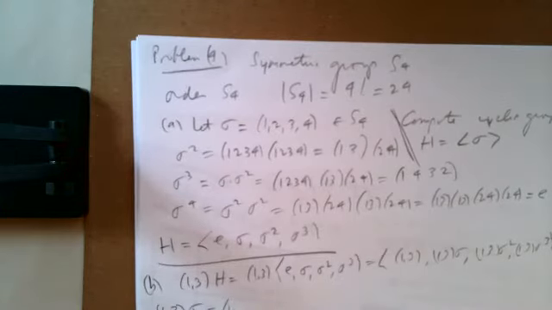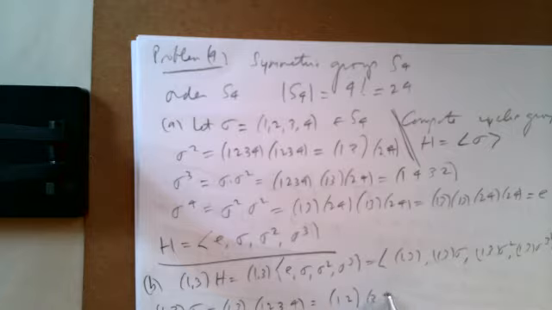So that's the permutation (1 3) multiplied by sigma, which is (1 2 3 4). Let's see. This sends 1 to 2, 2 to 3, and 3 goes back to 1. 3 goes to 4, and 4 goes to 3.